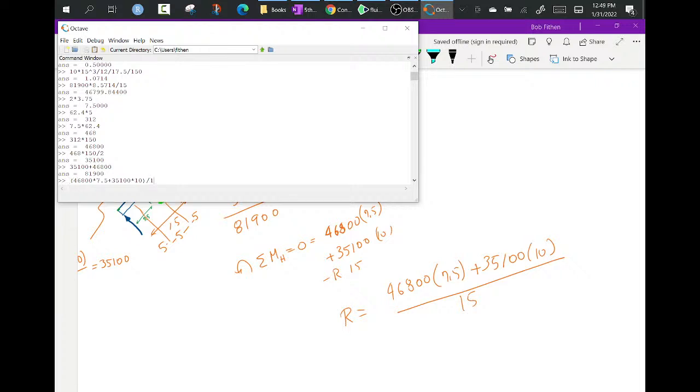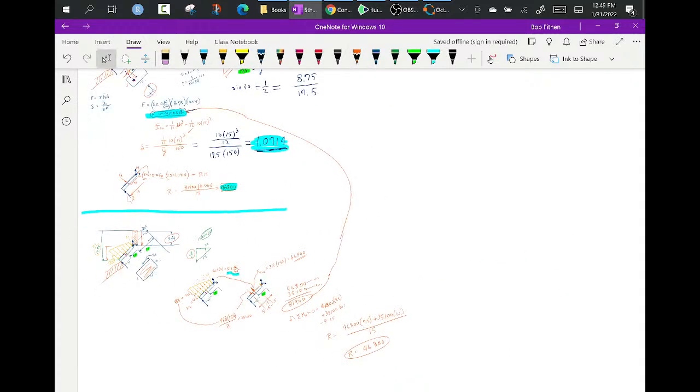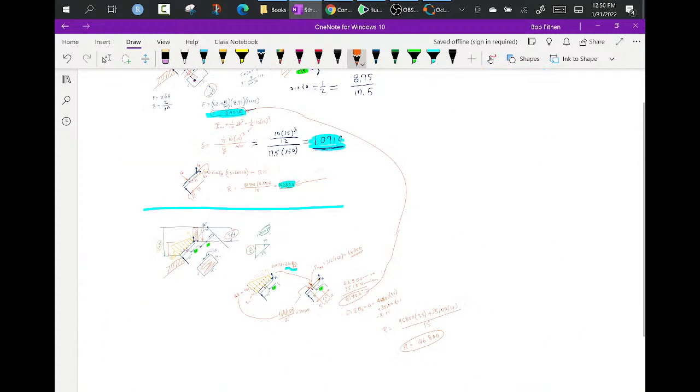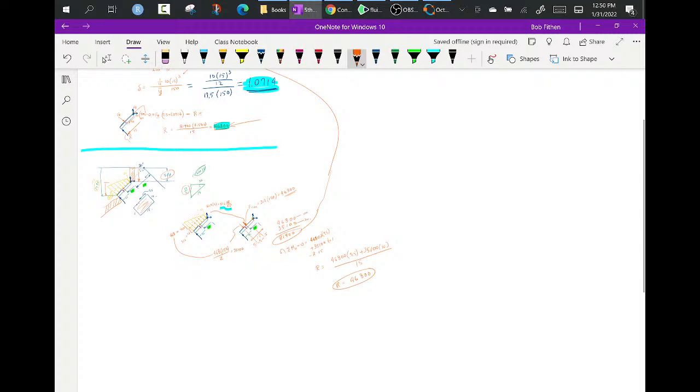Divided by 15. Okay, so we already checked that out. Is the 46,800 the resultant load? So what you find out is both ways come up with the same answer.